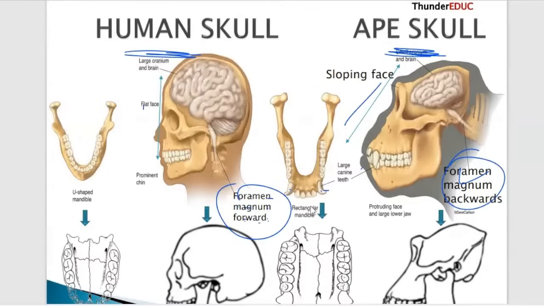Look at the jaws here. The jaws are protruding out. If I draw a line here, you see that the protrusion is too much, while here it is just straight. So this is the protrusion of these jaws.